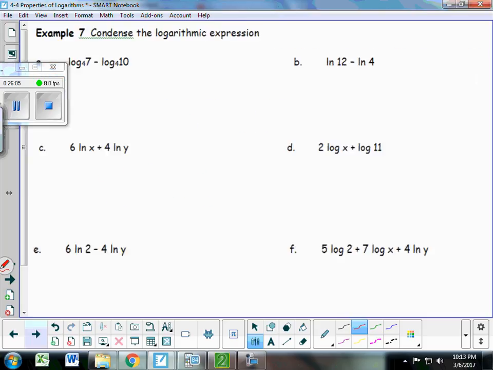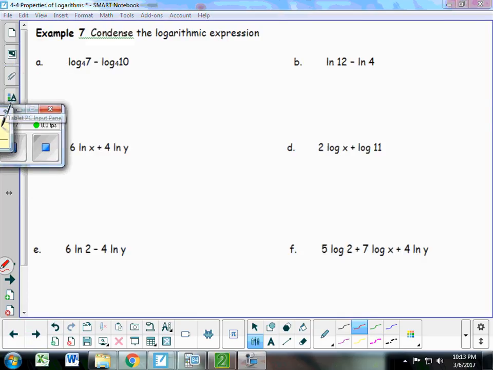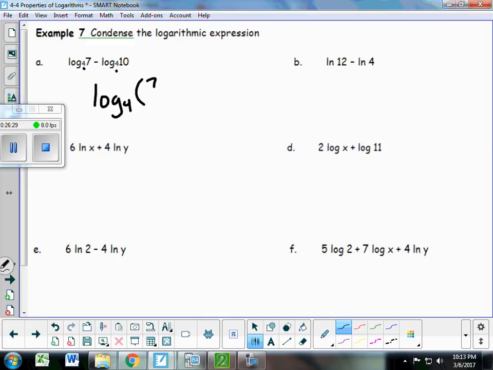Okay, condensing the logarithmic expression. So we're going to put all this different information we have together and condense. So that means we want to make them into one logarithm if possible. Alright, so same base of 4. We have subtraction. So remember, subtraction means you can rewrite that as division. So that would be 7 on top divided by 10.